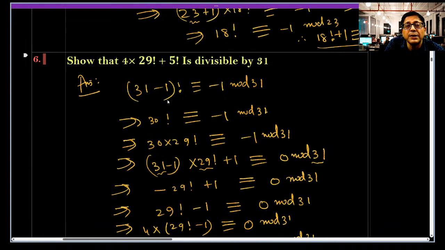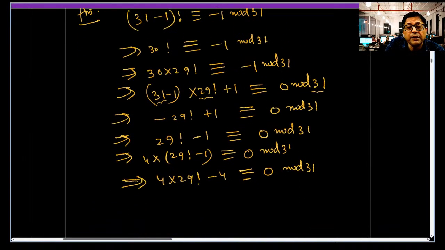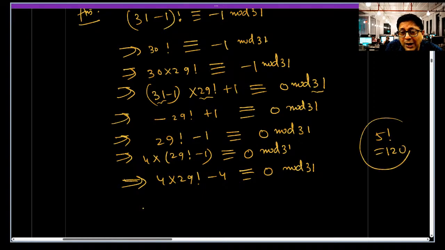Now see the proof. They have asked you to prove factorial 5. How to reach factorial 5? Factorial 5 is what, first you think? 120. So how to get it? It will be 4 into 29 factorial plus factorial 5. You have to realize factorial 5.